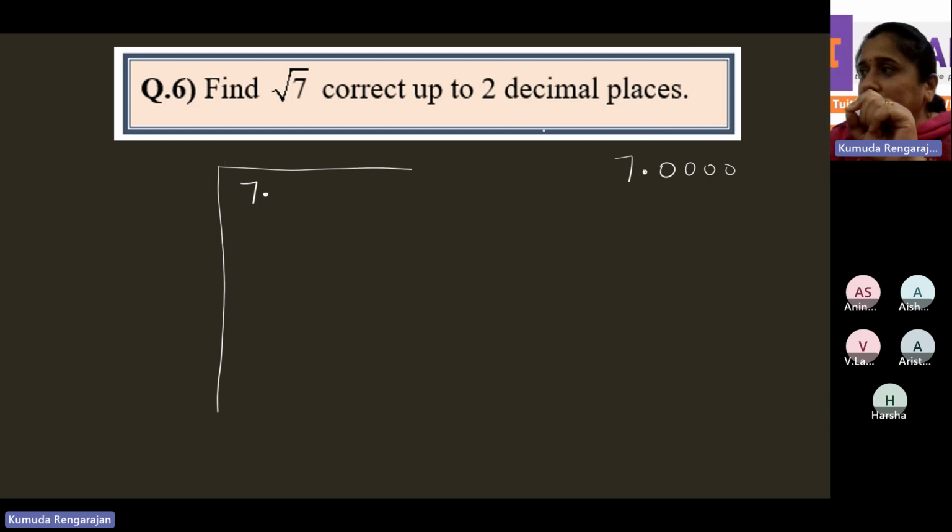So after the decimal point, you need to have 3 pairs of zeros. Correct up to 2 decimal places, always add 1. After the decimal point, 1 pair, second pair, third pair.